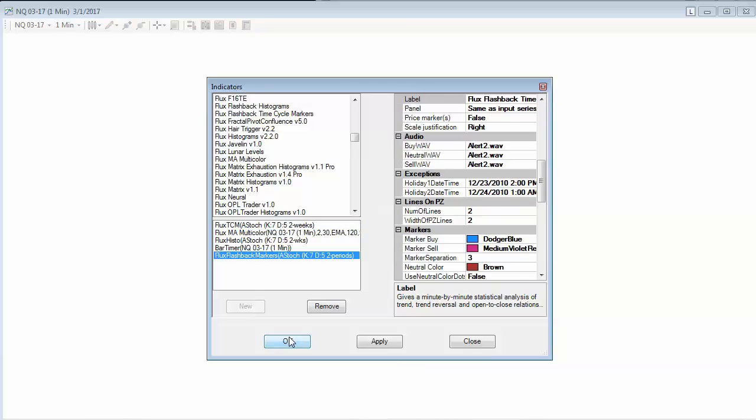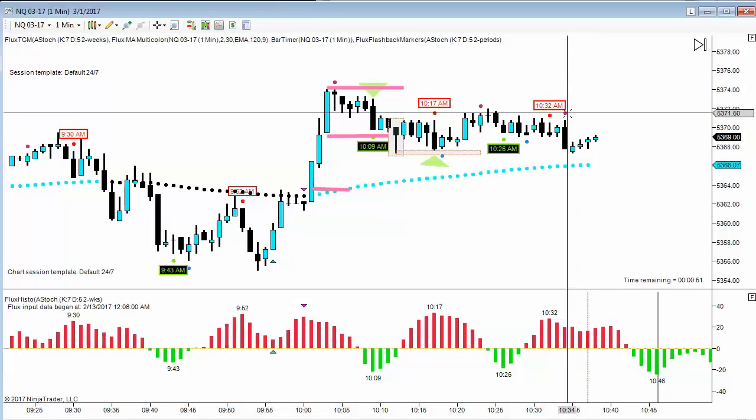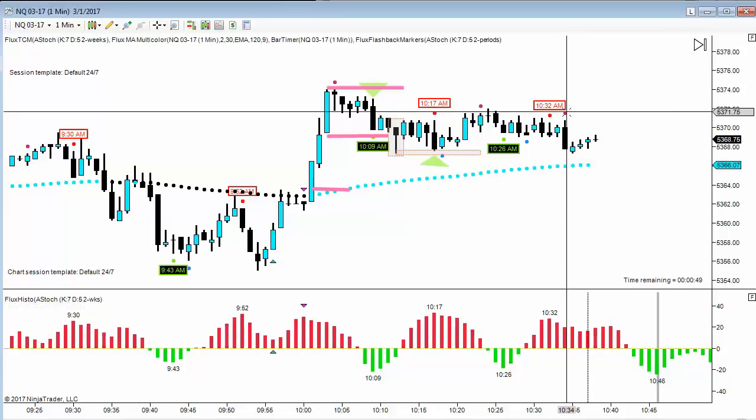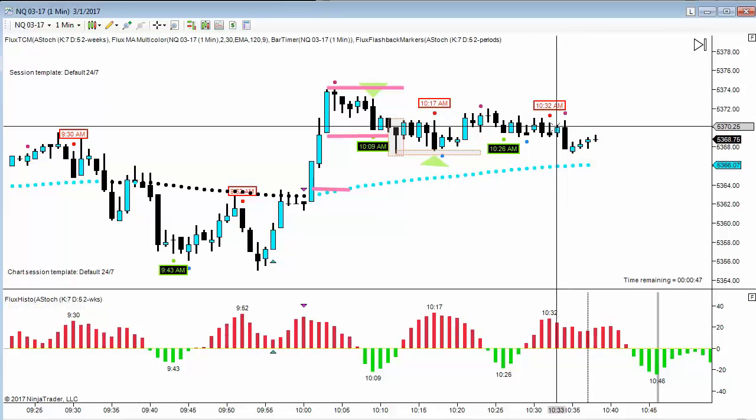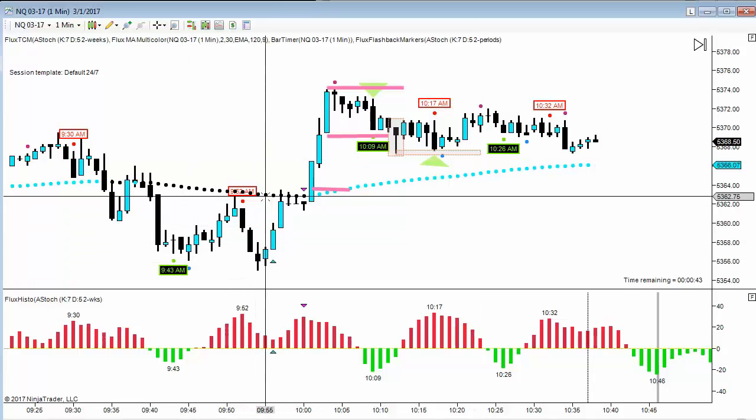And if I hit OK, I've got all my signals here. The magenta signals, these dark red violet signals, are the horizontal, and the ones with the timestamps are the vertical.